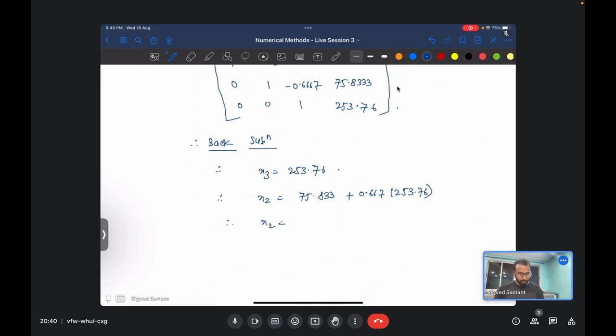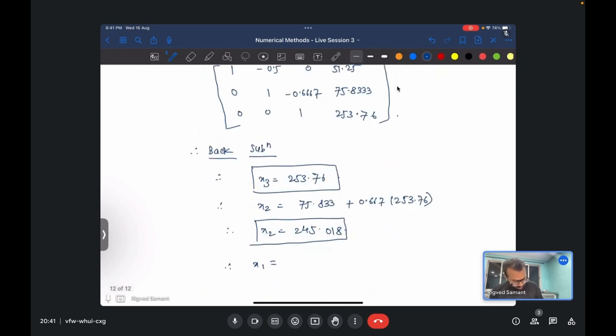X2 would be 245.018. So this is X3, X2. X1 would be 51.25 plus 0.5 into 245.018, minus 253.76.